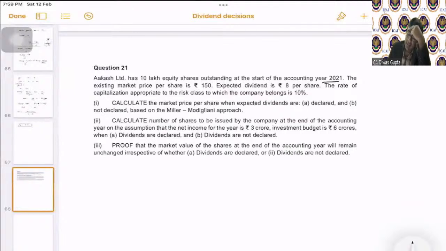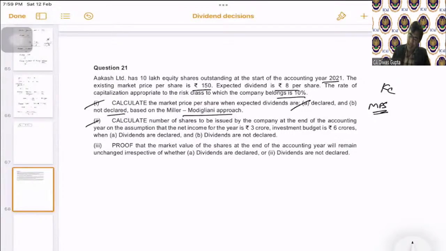The existing market price is 150 and the expected dividend is 8 per share. The rate of capitalization appropriate to the risk class to which the company belongs is 10%, which is nothing but the KE. Calculate the market price per share when the dividends are declared, or, in the second part, not declared, based on the approach.